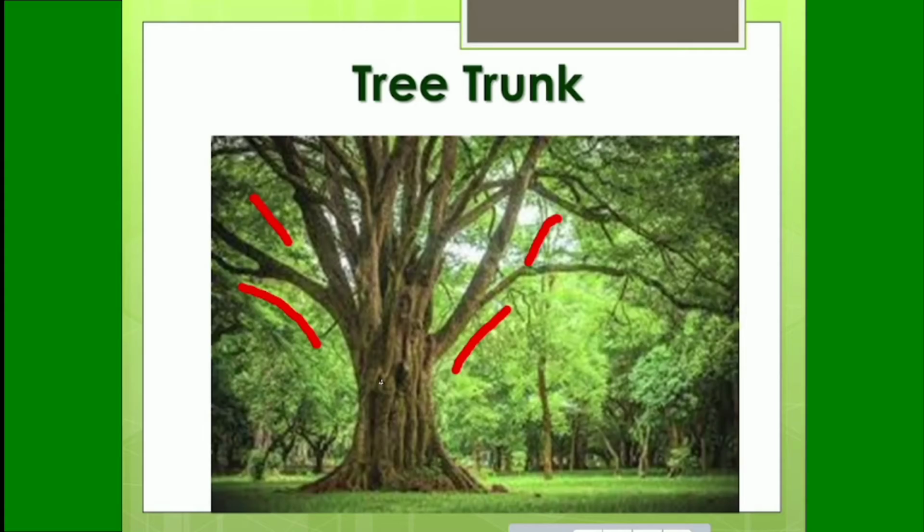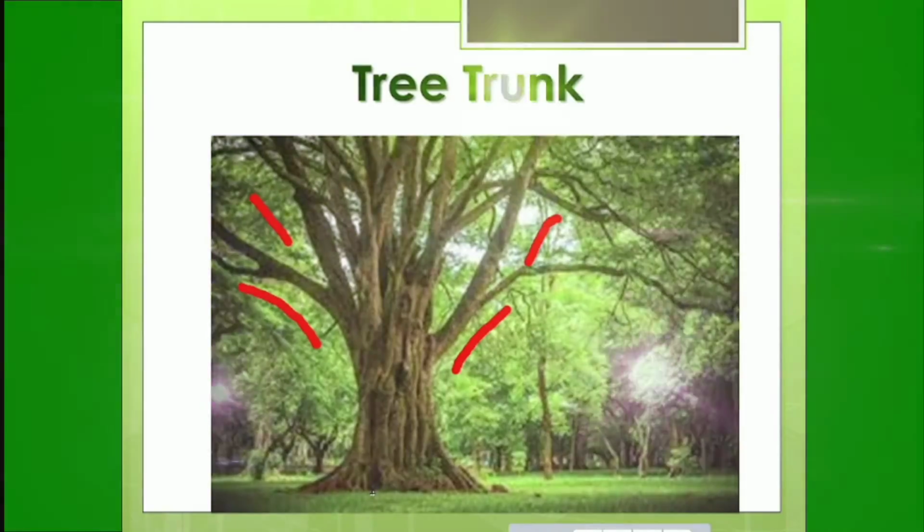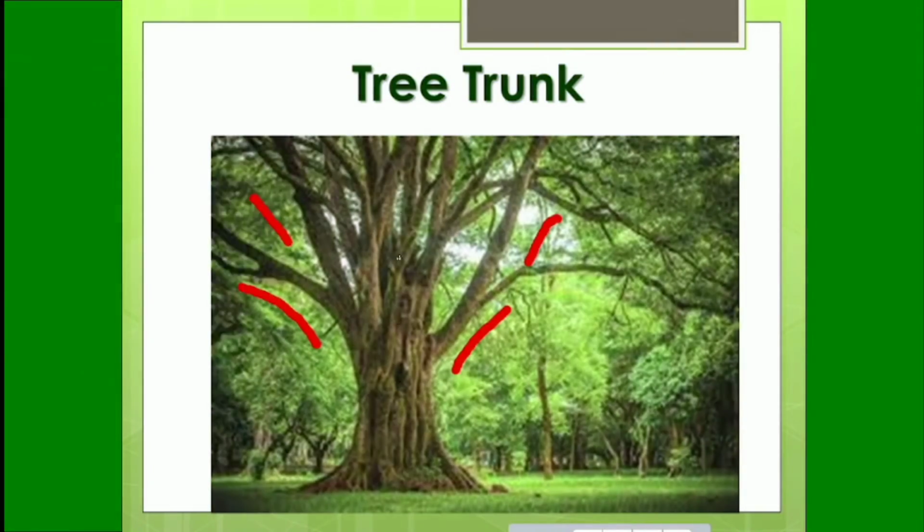It is very hard, and we use this tree trunk for many purposes, for making buildings and furniture, tables, etc. So my dear students, what is the main function of this stem, or we can say the trunk?